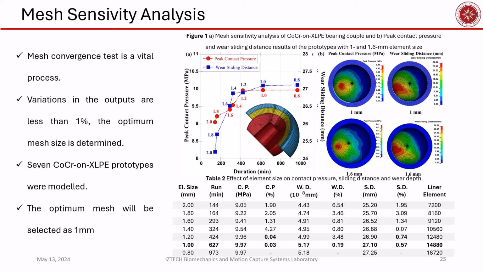In this study, we consider two different parameters. Table 2 shows the effect of the element size on the contact pressure, sliding distance, and wear depth. And we determine an optimum mesh size of 1 millimeter.